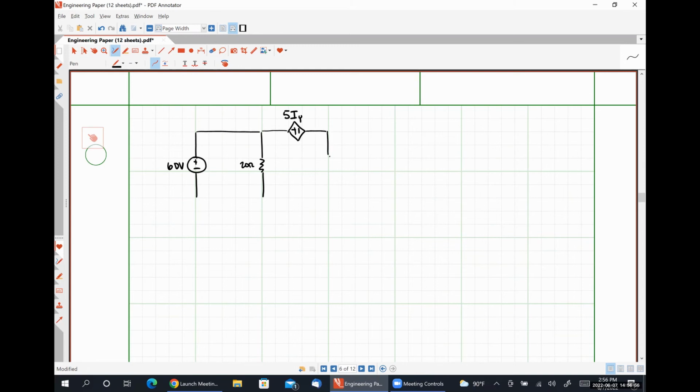And we're going to have this connected to a voltage controlled current source, where this will be 1/4 of Vx. And then over here, we will have a 5-ohm resistor. Okay.